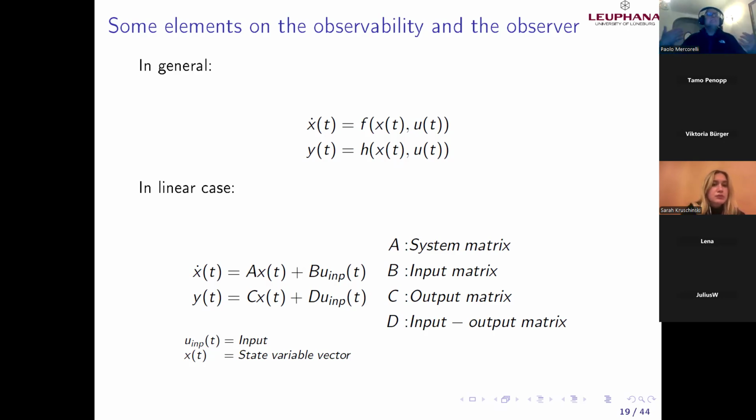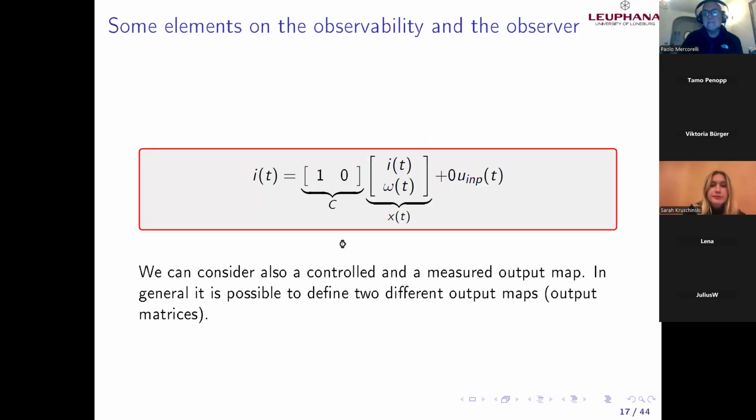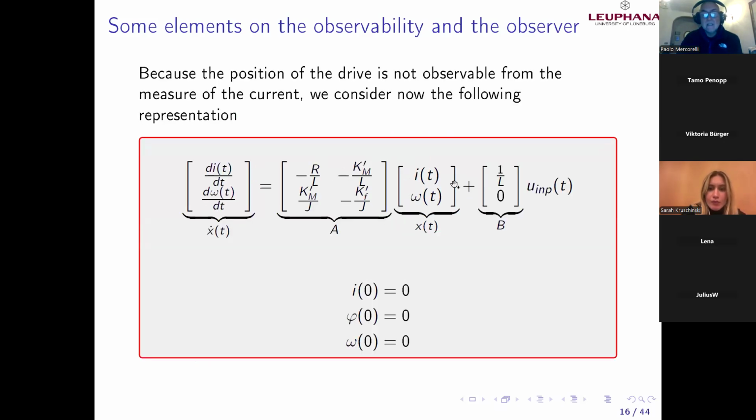At this moment, for us, linearity means that I can represent everything using a matrix of constant elements. You remember matrix A, B, C, D. This is, for instance, the matrix C and the matrix D. Constant elements, 1, 0, and 0. Look at this. The matrix A and B: minus R divided by L and so on. Here, 1 divided by L and 0.